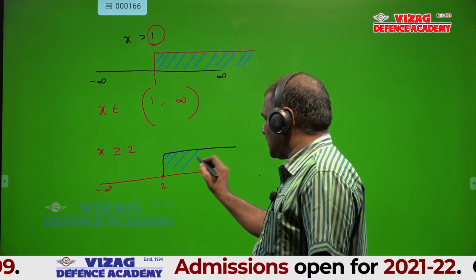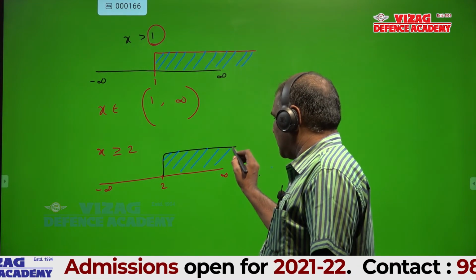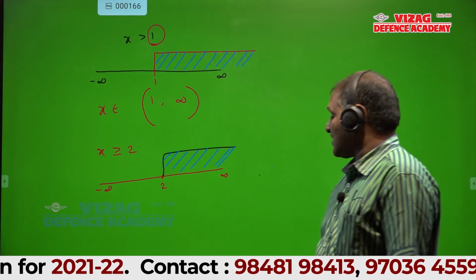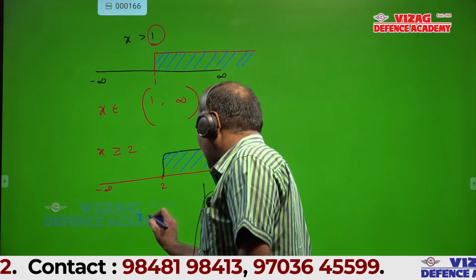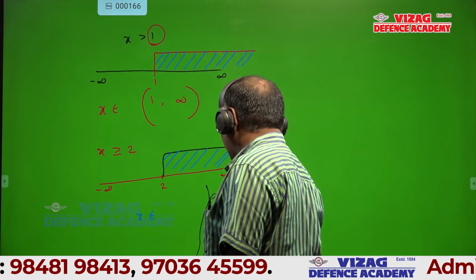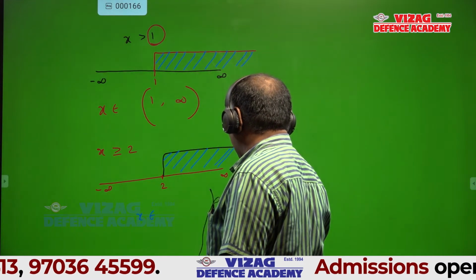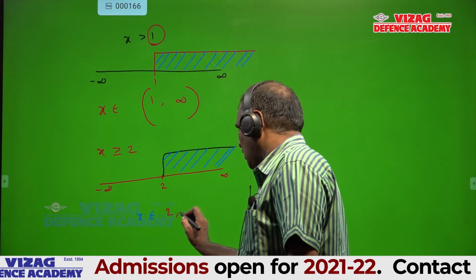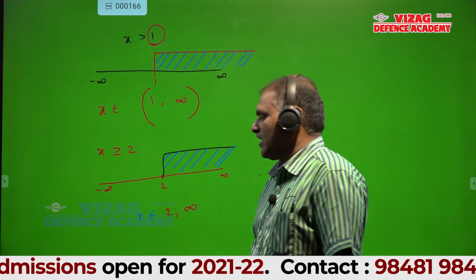This is the total value. Therefore x belongs to, the beginning is 2 and the ending is infinity.